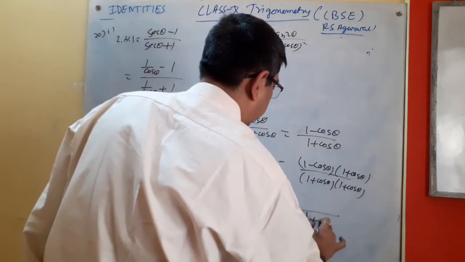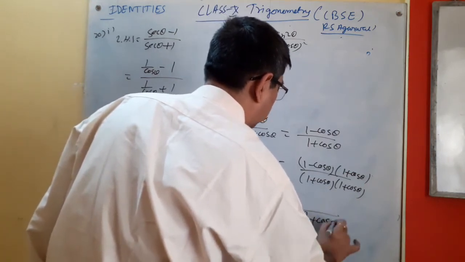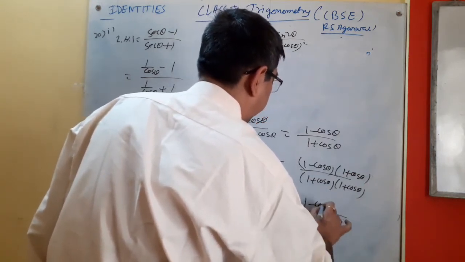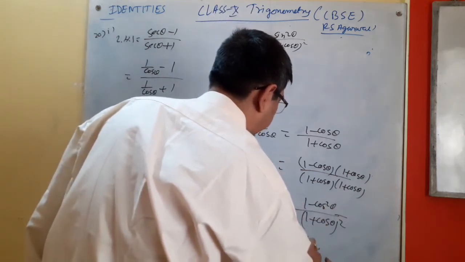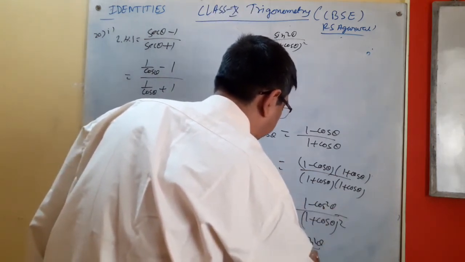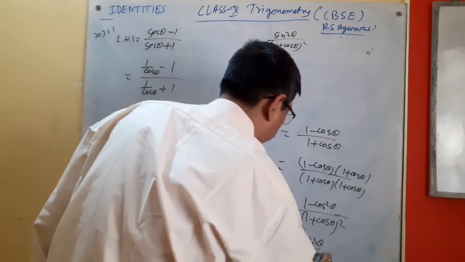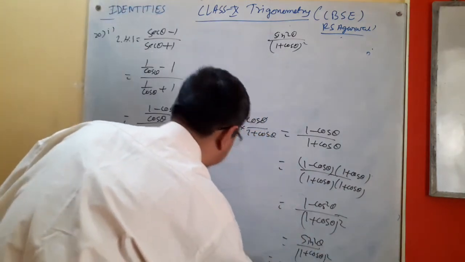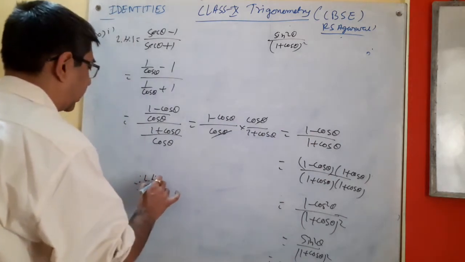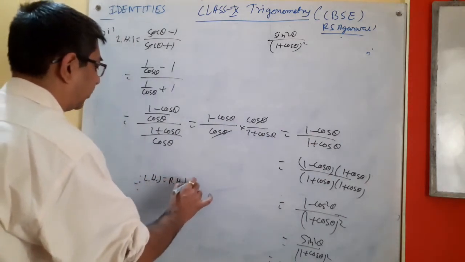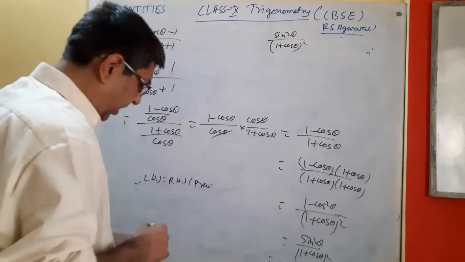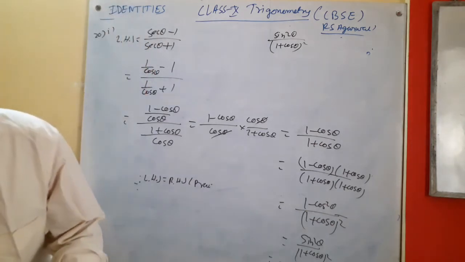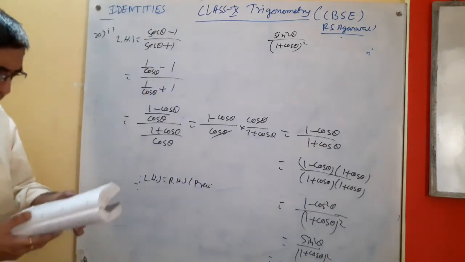So here we are getting (1 plus cos theta) whole square, and we are getting 1 minus cos square theta, that is sin square theta by (1 plus cos theta) whole square. Right? This is RHS. Therefore, LHS equal to RHS, proved. Very easy sum. It's a very important sum. Okay. Now we are going for another good sum.